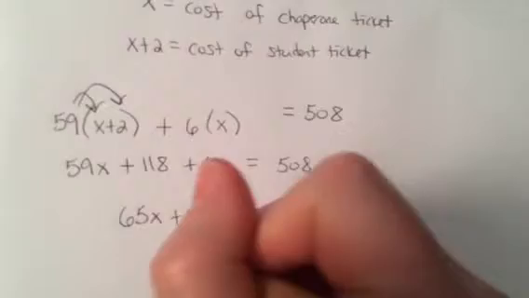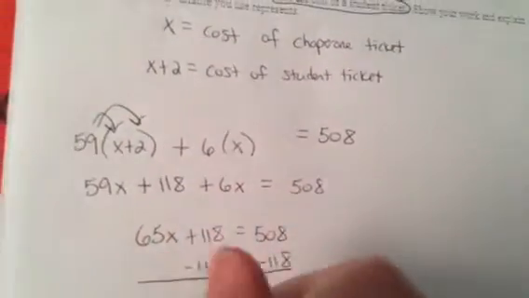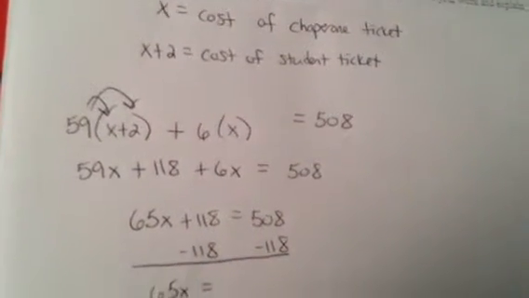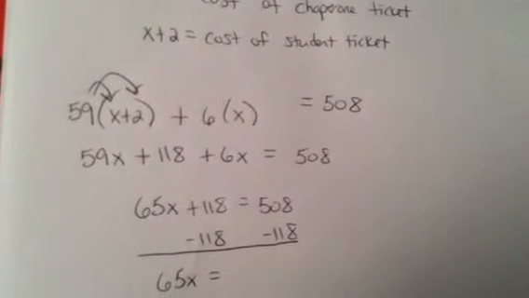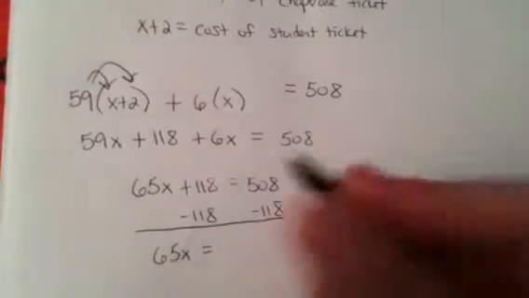Continue solving for x by subtracting 118 from each side, and we'll get 65x equals, let's use our calculator, 508 minus 118 is 390.